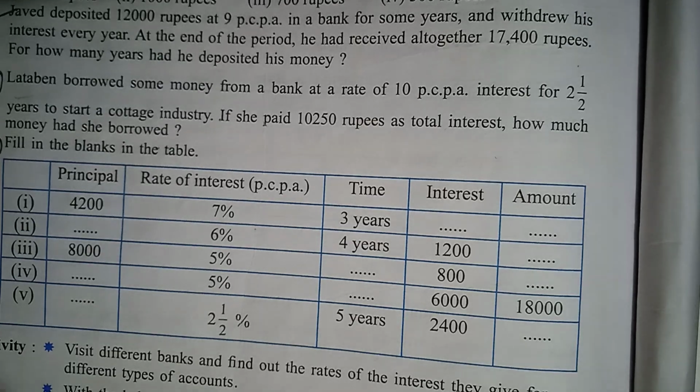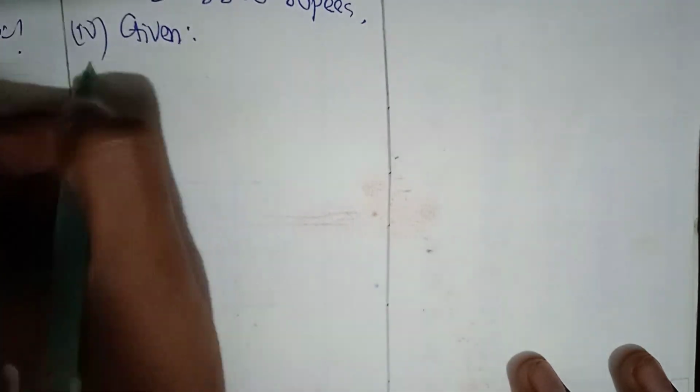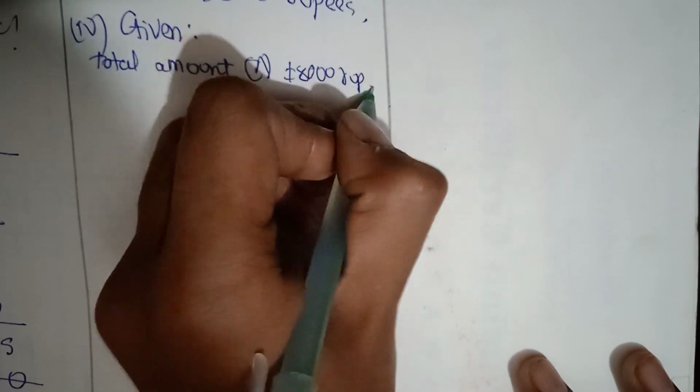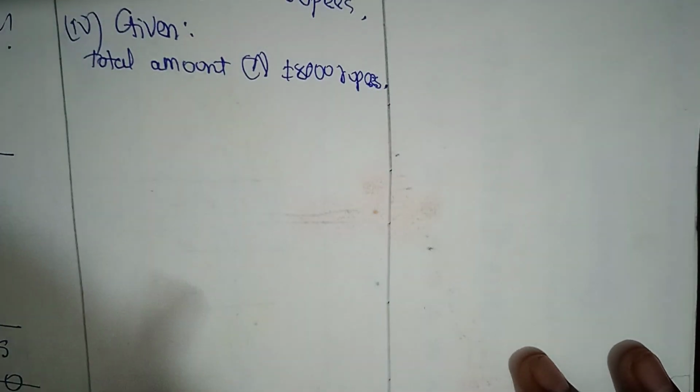So let's find. First, in anything you solve, you have to write given. So total amount is given to us, 18,000 rupees. This is the first sum of all the 5 where we are getting the total amount.